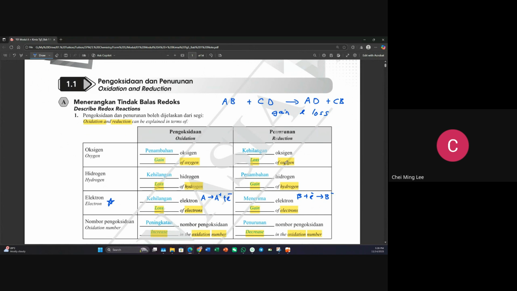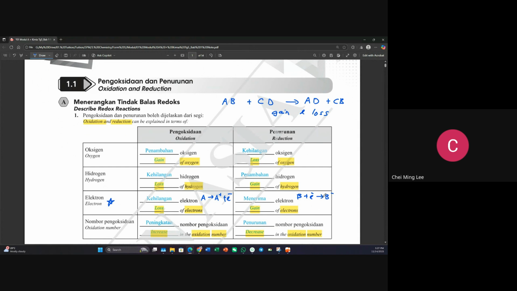Okay. Now for reduction, all terbalik. It will include loss of oxygen, gain of hydrogen, and also it will receive electron, where the atom of B receives electron and becomes B negative, ion B. And there will be a decrease in the oxidation number.